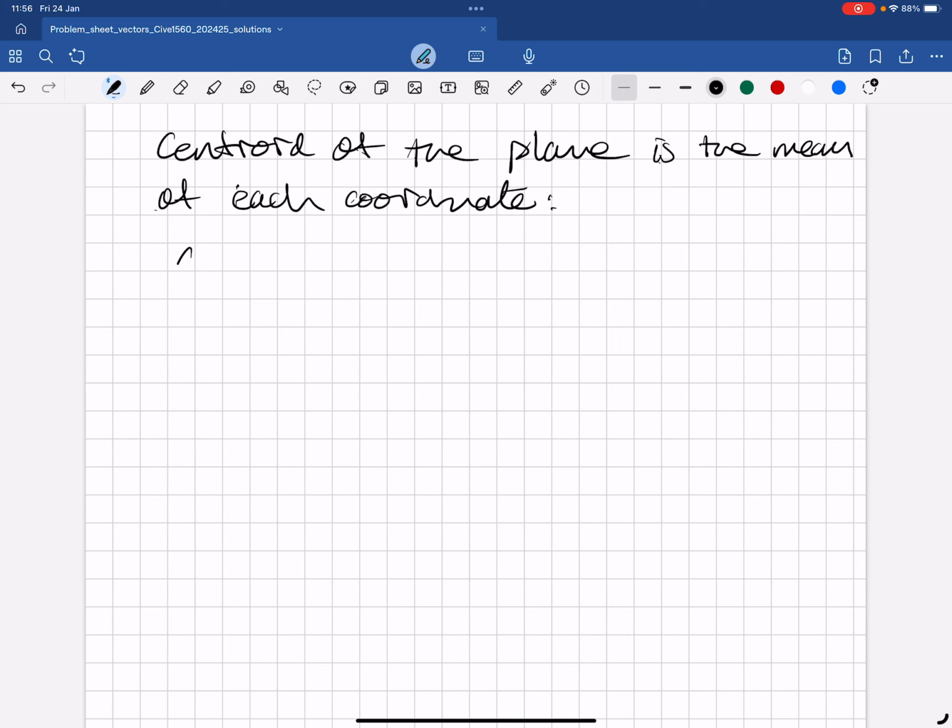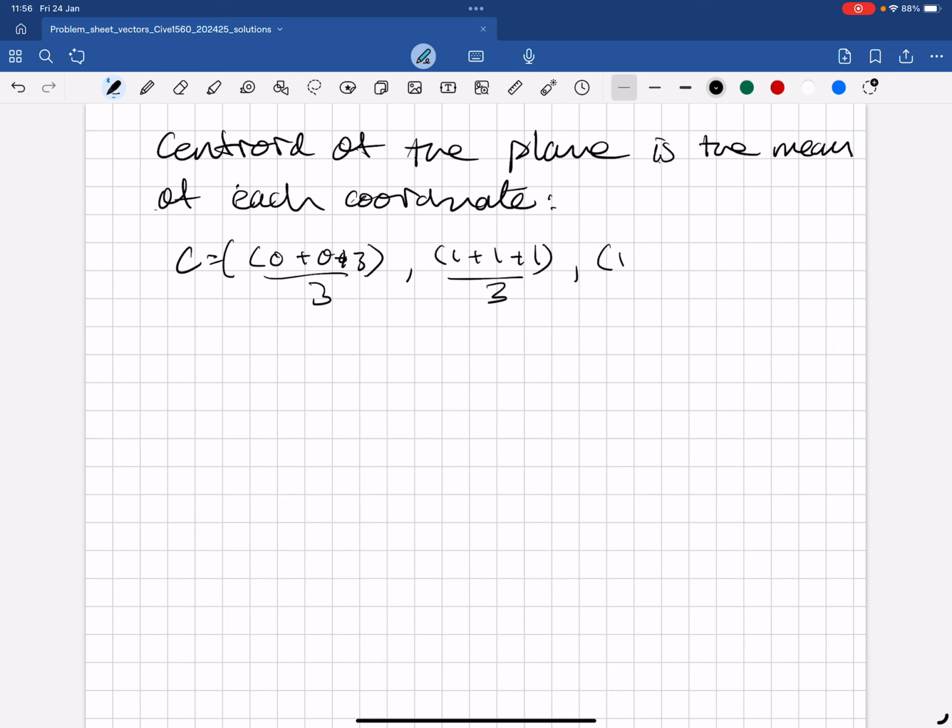So the centroid, I'll call it C for now, is just, for x, 0 plus 0 plus 3 over 3, 1 plus 1 plus 1 over 3, and 1 plus 4 plus 0 over 3, which turns out to be 1, 1, 5 thirds, which equals 1, 1, 1.667, if we like.